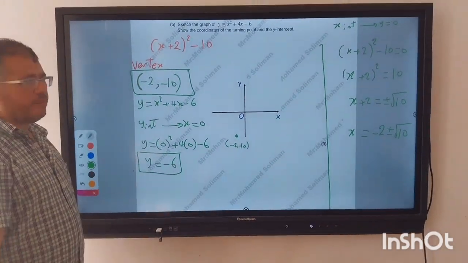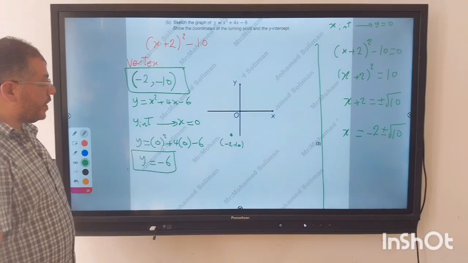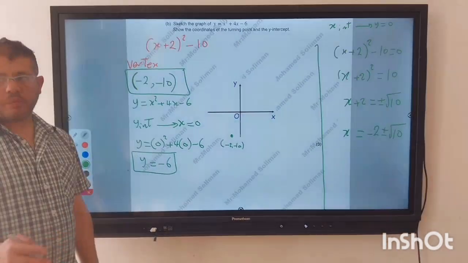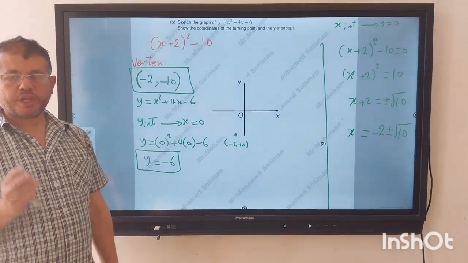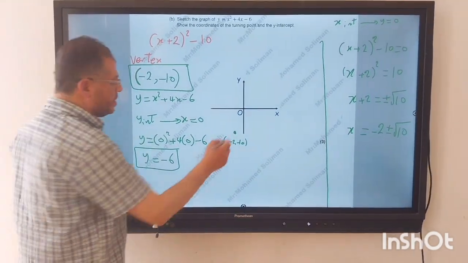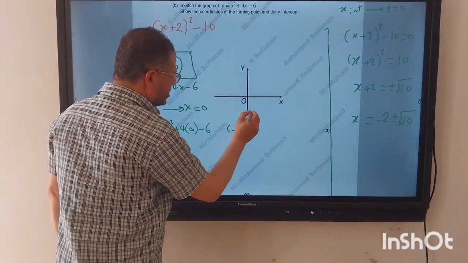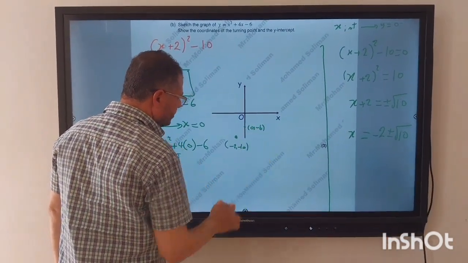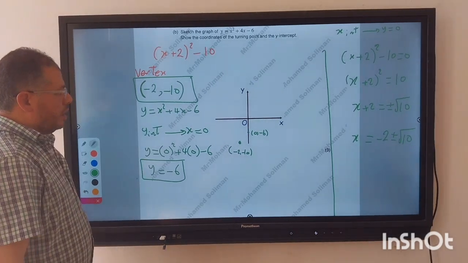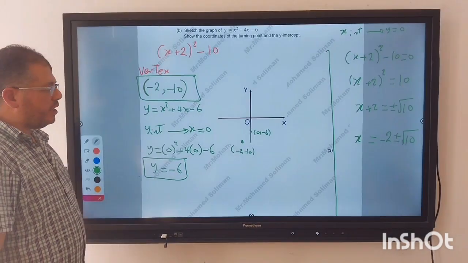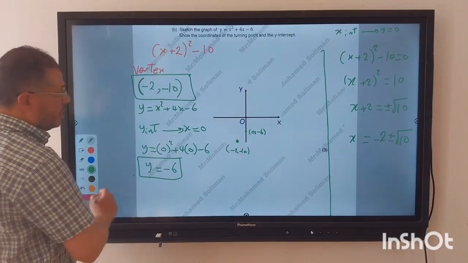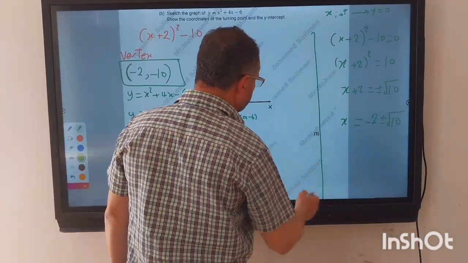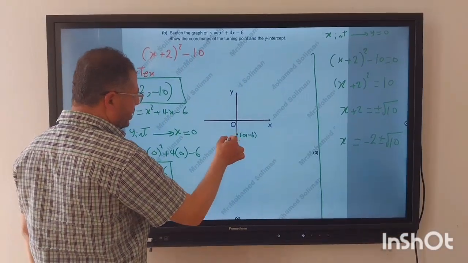Then, what about the parabola? What about the y-intercept? The y-intercept said that it's negative 6. It means that my intersection point between the curve and the y-axis should be here: (0, -6). After that, the x-intercept will be -2 + √10.